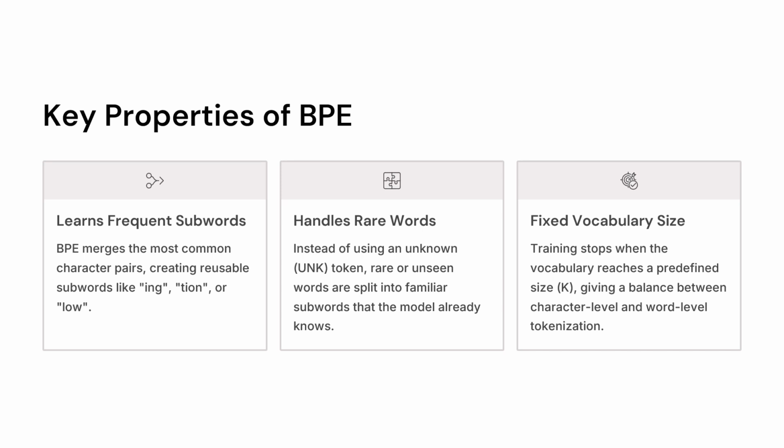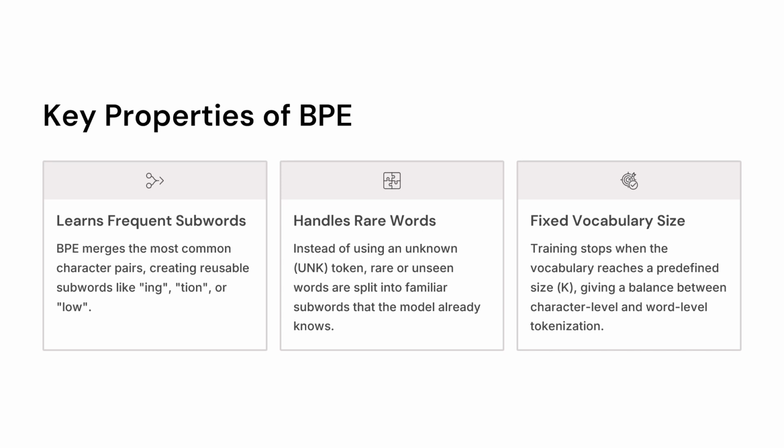Secondly, it is able to handle rare words efficiently. In word-based tokenization, whenever we saw a word which is out of vocabulary, it would result in giving an unknown token. But here, if we see a new word, there are chances that it could be split into familiar subwords, which the model already knows. So it helps in handling rare words.